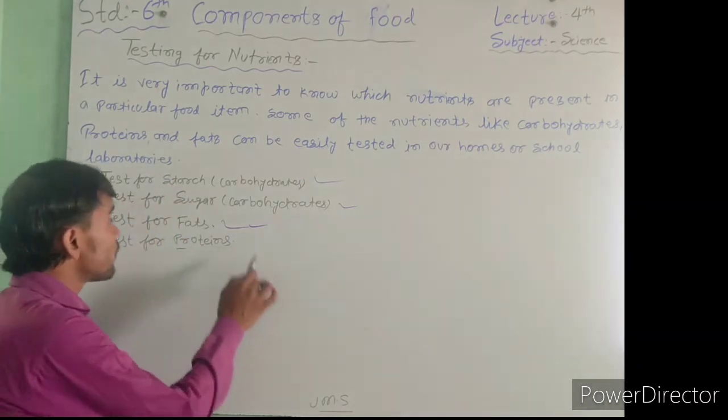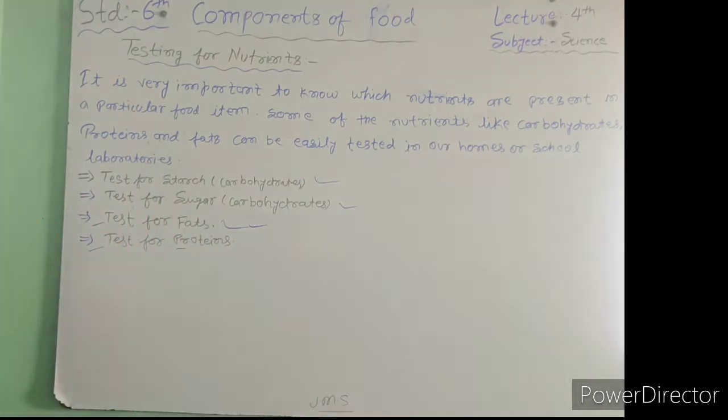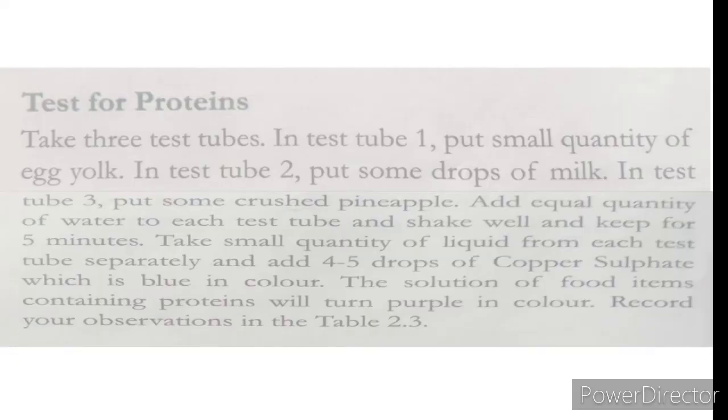See the content of the test for protein, after that we will revise once. Take three test tubes. In the first test tube put a small quantity of egg yolk, in the second put some drops of milk, and in the third put crushed pineapple.